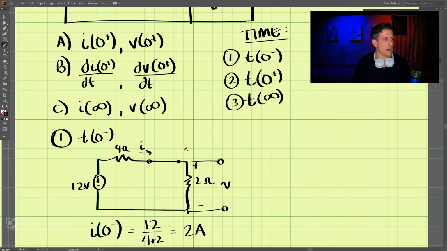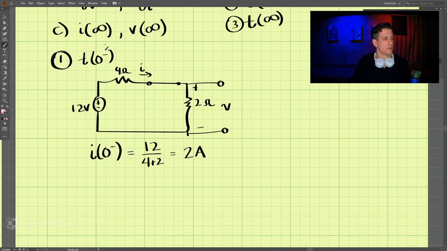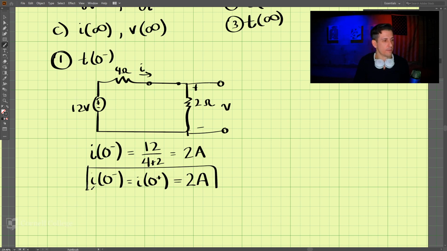But we want to find I at 0 plus. Remember, we know that I at 0 minus must equal I at 0 plus for an inductor. So we have 2 amps here. So that is one solution.